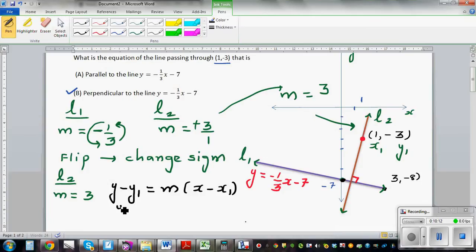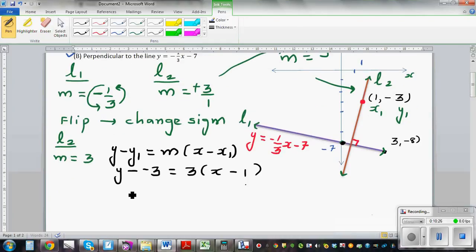Okay, so this is y take away y1, which is negative 3, equal to 3 times x take away x1, which is 1. So this is y plus 3 is equal to 3x, plus times minus, sorry, positive times negative is negative, 3 times 1 is 3.